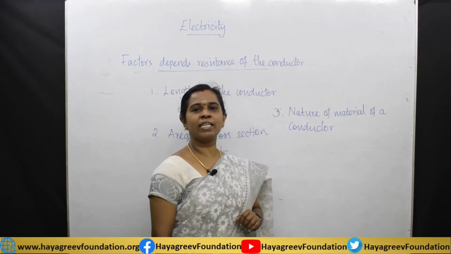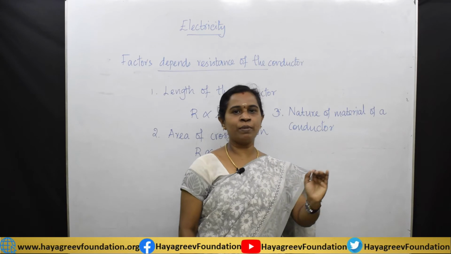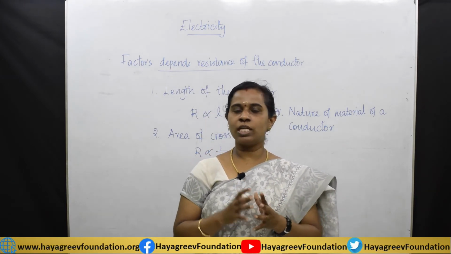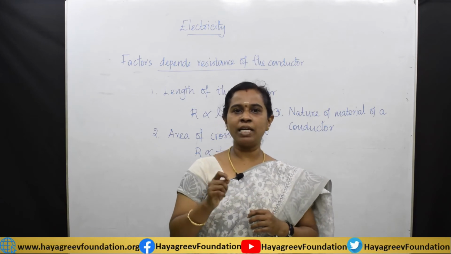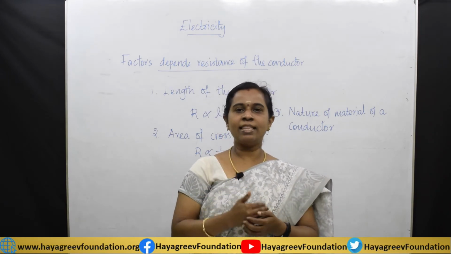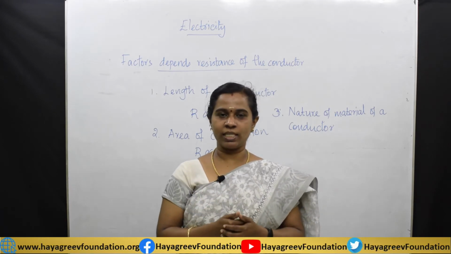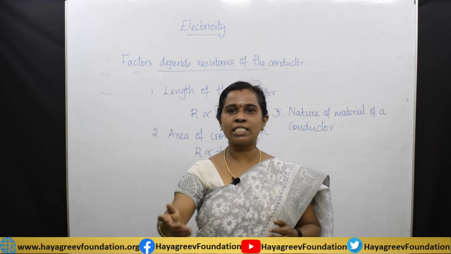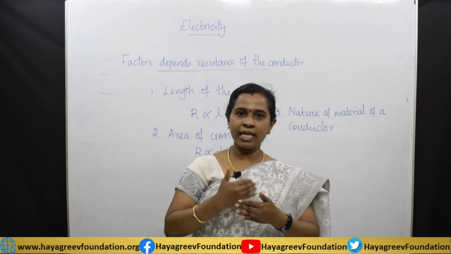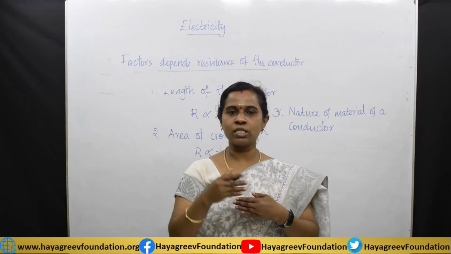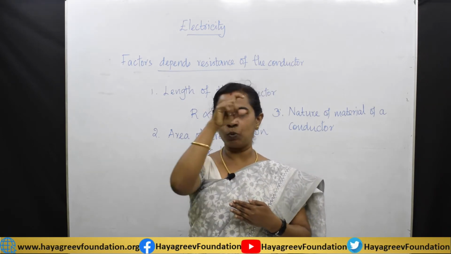The third factor is the nature of the material of the conductor. For example, normally conducting wire is made of copper. Silver has lower resistance than copper, but silver's cost is high, so we do not use silver as a conductor. But aluminium, which is a slightly poorer conductor than copper at comparable cost, is used in postal wires.